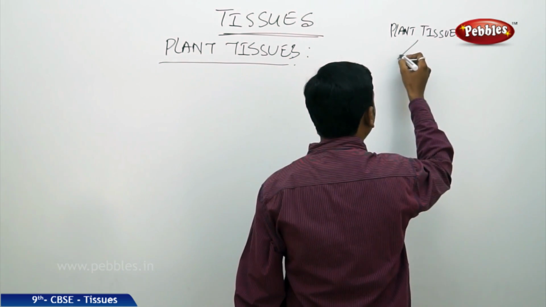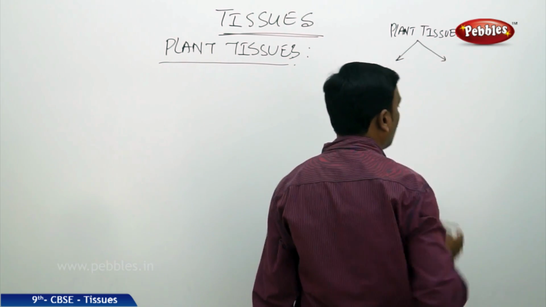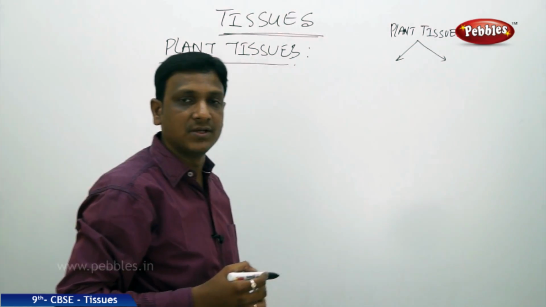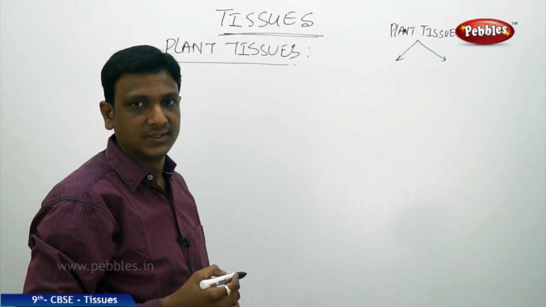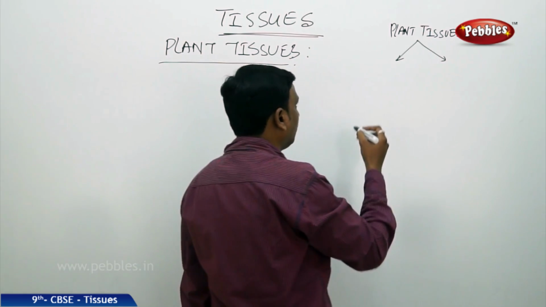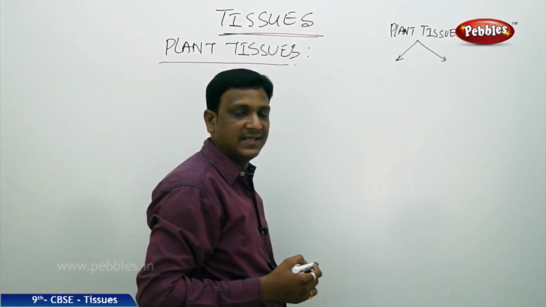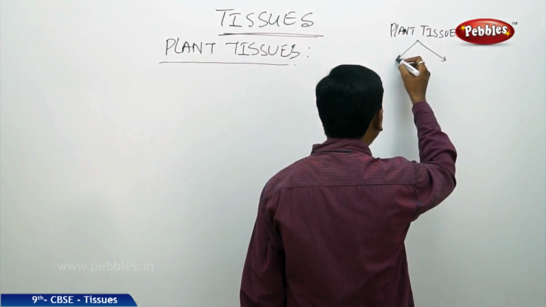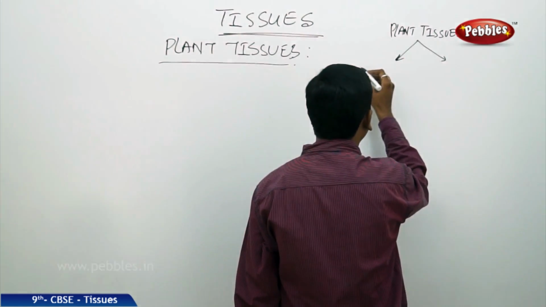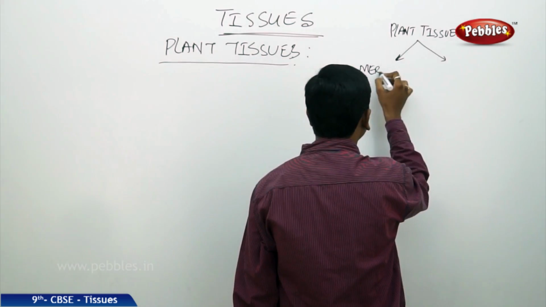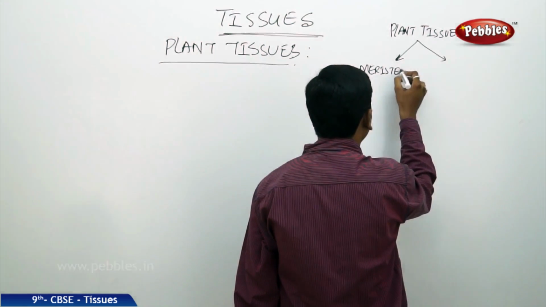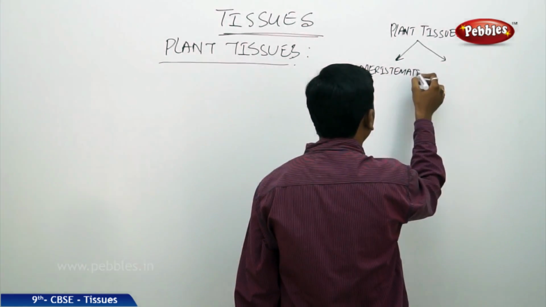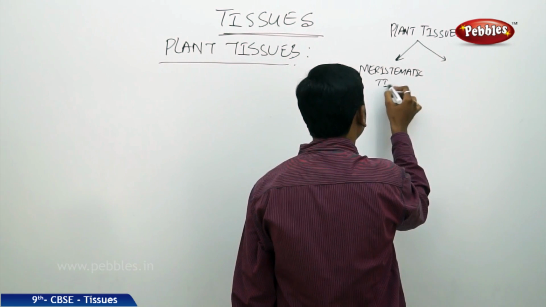Already I told you that plant tissues are divided primarily based upon the growth pattern. Plants do not grow evenly. There are specific regions of growth in a plant. So the cells or tissues that are actively growing are called meristematic tissue.